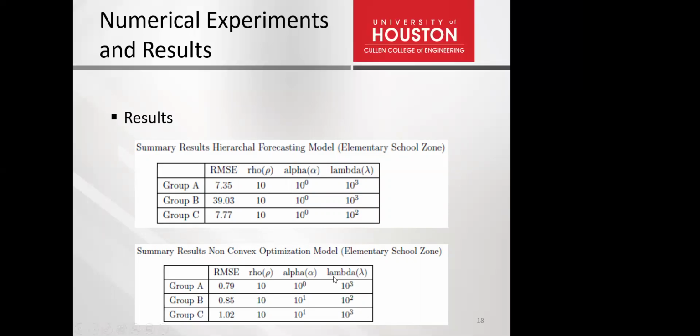When we integrate these two stages of the hierarchical model together and form the non-convex optimization model, we see that for each of the demand groups, where group A is DTP, group B is the remaining vaccinations, and group C is the average of all these vaccinations, the RMSE values are very low, and we find very optimal alpha, lambda and rho values.